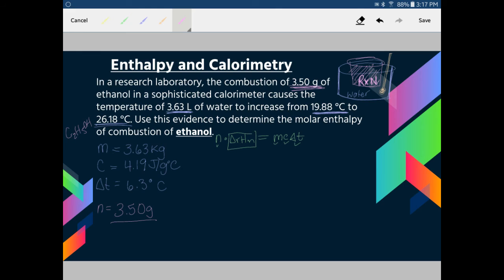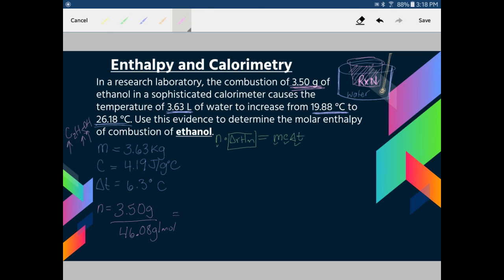Now, when we calculate the molar mass of ethanol, we calculate it to be 46.08 grams per mole. Again, that's 12.01 times 2, and we have 6 H's, 6 times 1.01, and 16.00 for oxygen, giving us 46.08 grams per mole.